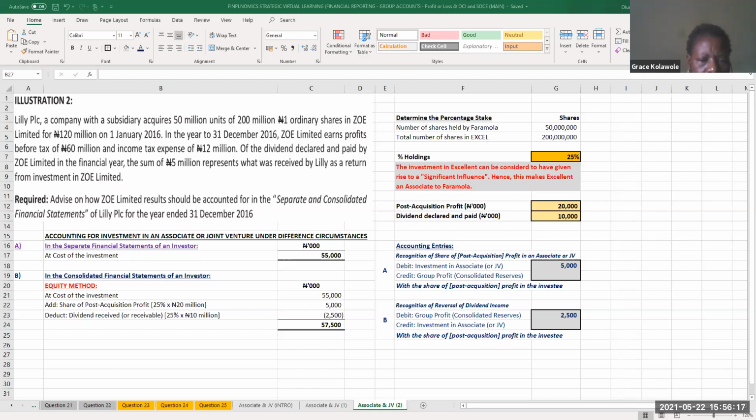Of the dividend declared and paid by Zoe Limited in the financial year, the sum of 5 million represents what was received by Lily as a return for investment in Zoe Limited. Required: advice on how Zoe Limited results should be accounted for in the separate and consolidated financial statements of Lily PLC for the year ended 31st December 2016.